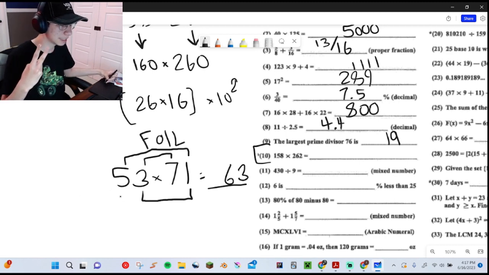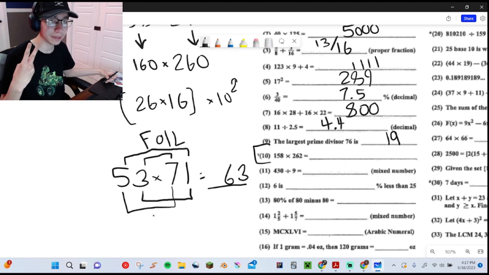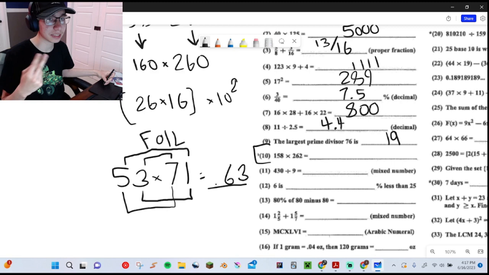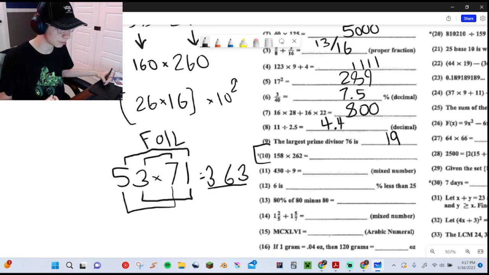Then my last step is to multiply these last numbers here. So 5 times 7, that's 35, plus the 2 I carried, that's 37. Because it's the last step, I don't have to just write the 7 and carry the 3. I can now just write what I've got, 37.